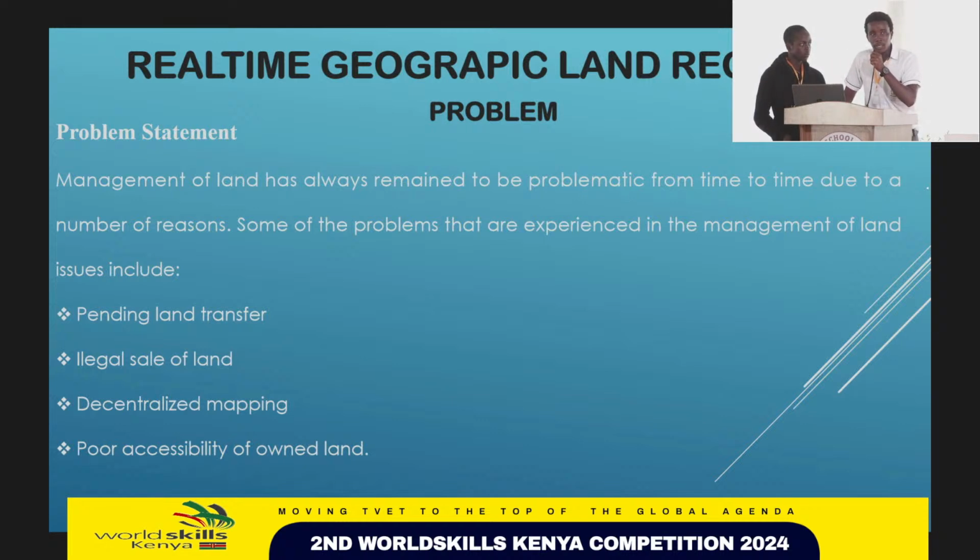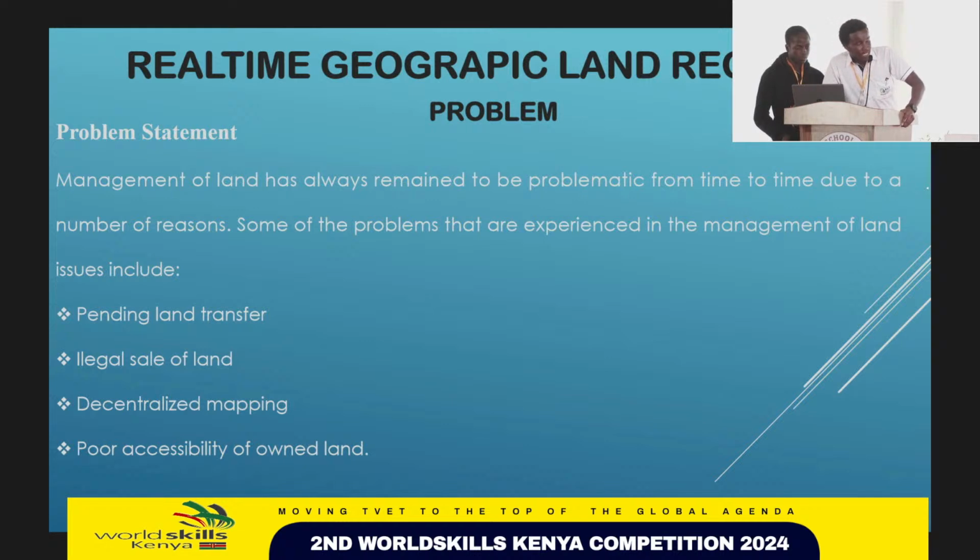For example, you come from the village and you get a small piece of land in Nairobi and you want to buy it. The transfer of the land from the previous owner to you, the new owner, has been a problem, because you don't know the owner of the land, but you've just heard that it is being sold, and you go and buy it.